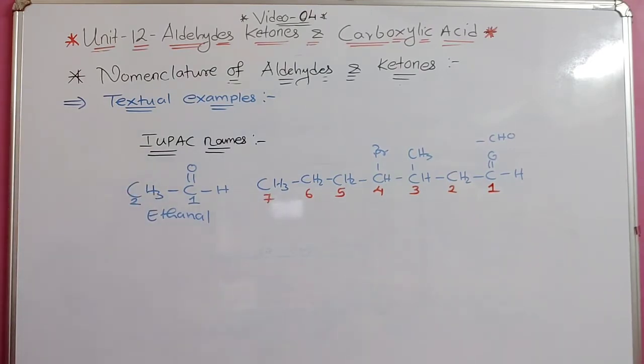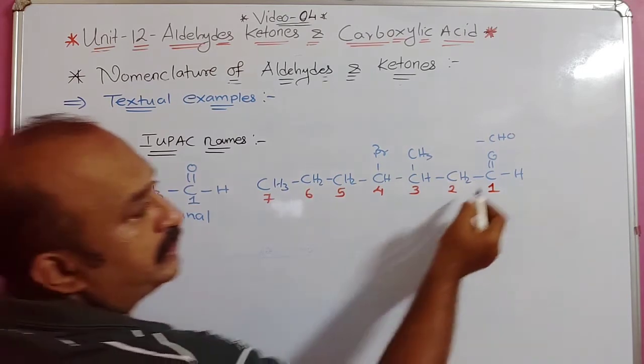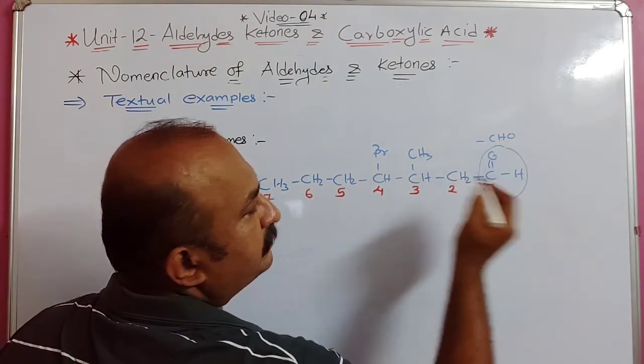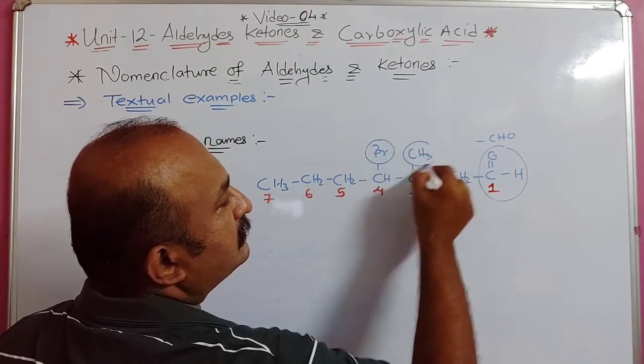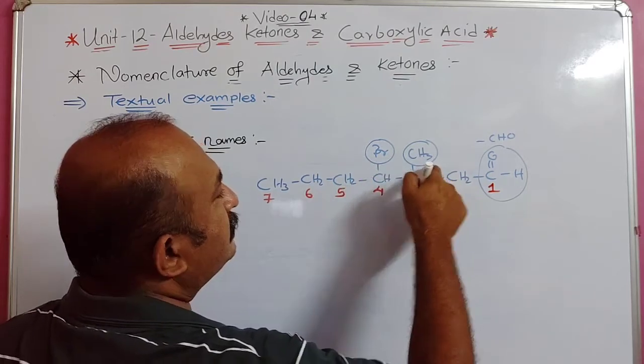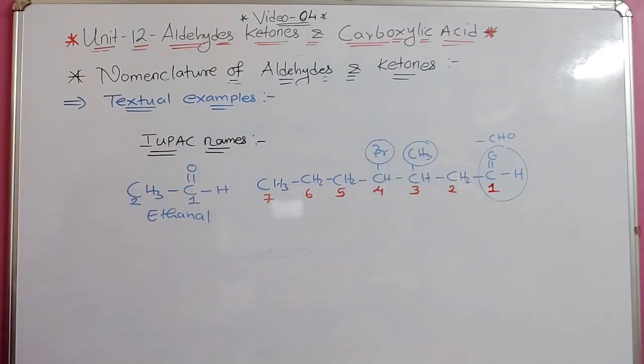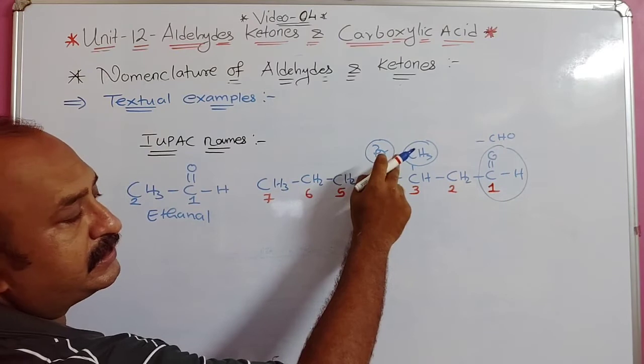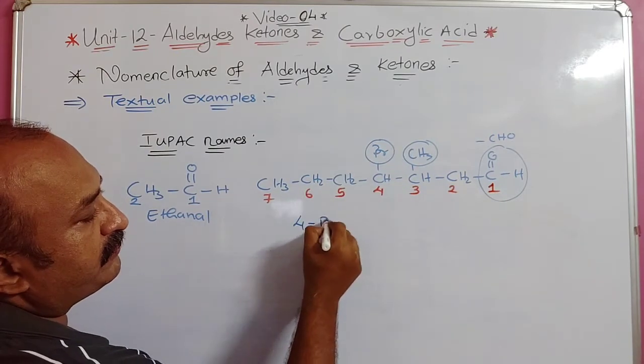Understood? So in this case, this is the principal functional group. This is another functional group, and this is the substituent. And total 7 carbons are there in the principal chain or parent chain, as we call it. So now suppose I want to name this. First Br, halogen is written in the prefix.